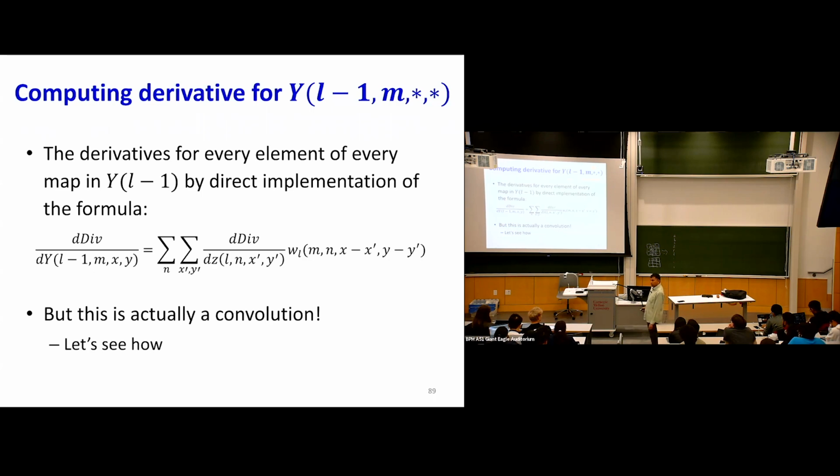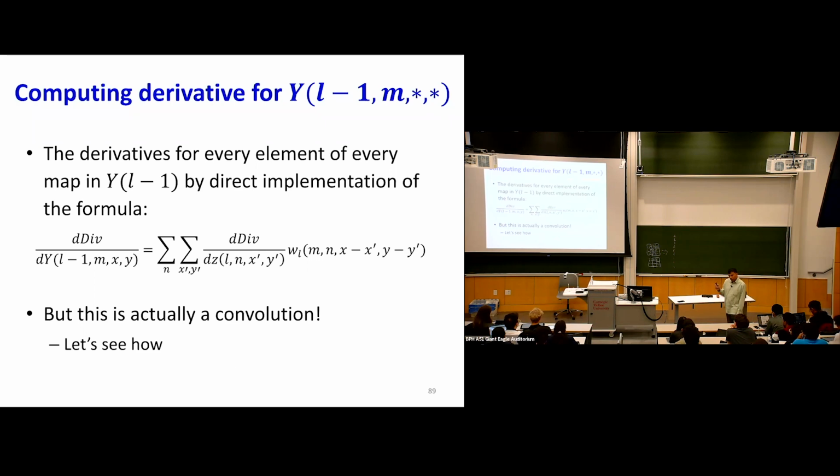And within each output channel, you're going to be summing over all of the positions of that channel. The term you would be summing is going to be the product of the derivative of the divergence with respect to the Z value at that position and the weight, which is the weight at x minus x prime, y minus y prime.